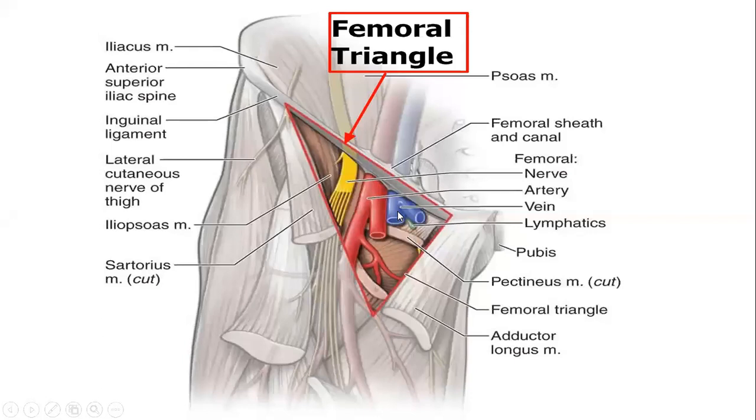So the medial most structure in the femoral triangle is the femoral vein along with its tributaries, especially great saphenous vein. Lateral to vein is artery, and further lateral to artery is nerve. You must remember the relationship of these three structures with each other. This relationship is often asked in the MCQs.